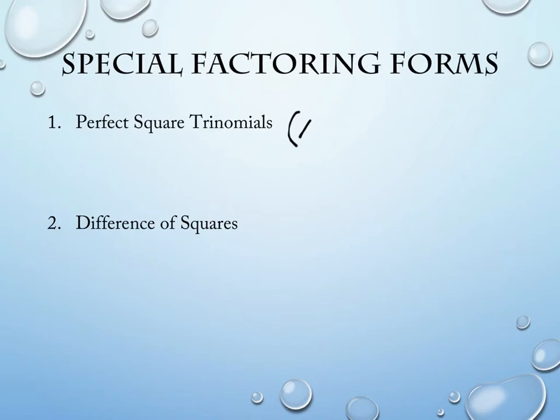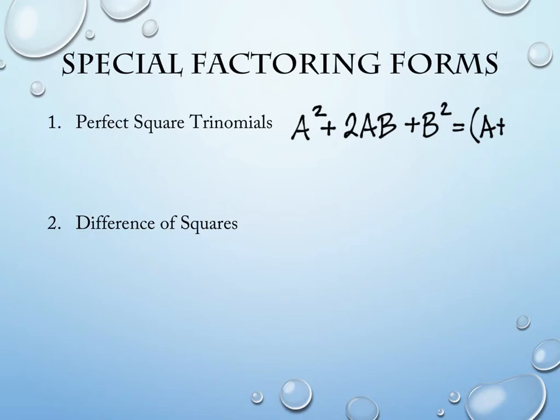It says that if you have a squared plus 2ab plus b squared, and if it has that form to it, this factors very nicely as a plus b times a plus b, or more compactly, a plus b quantity squared.